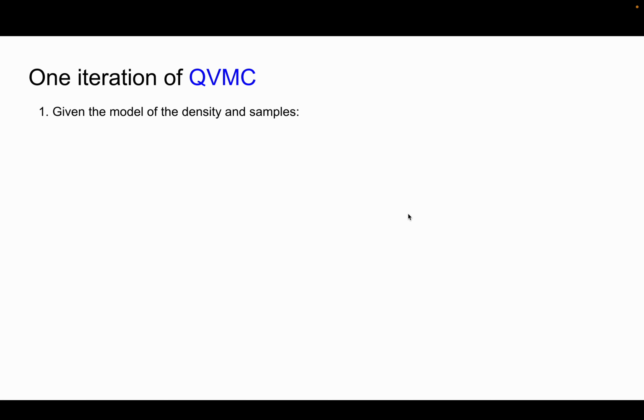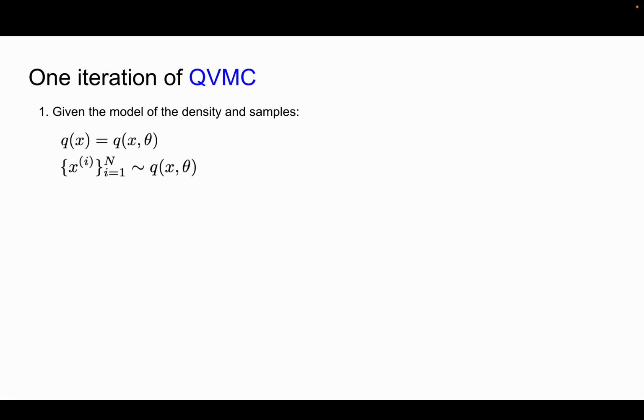So let's take a look at what's going to happen in practice. This is one iteration of quantum variational Monte Carlo, which is the classical variational Monte Carlo algorithm for estimating the ground state. And it looks as follows. We start with some parametric density q of x theta.